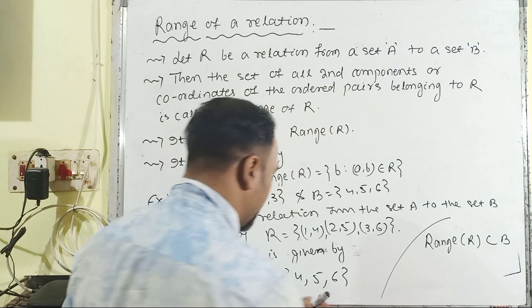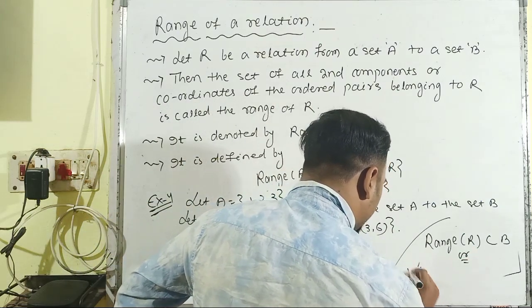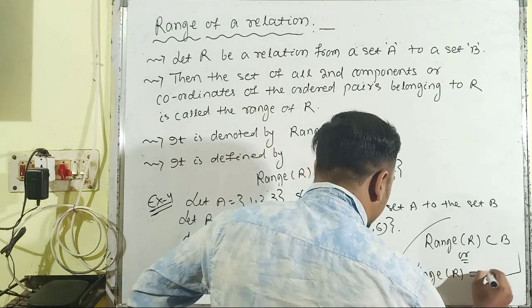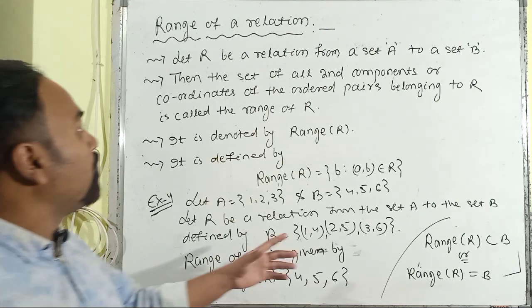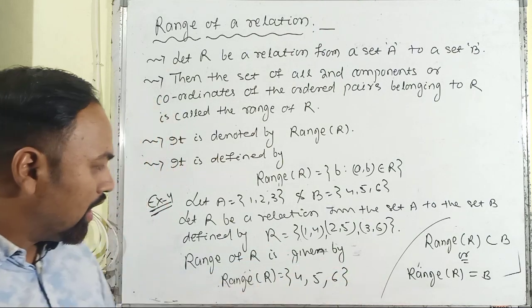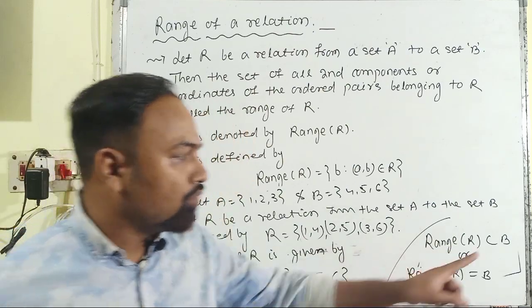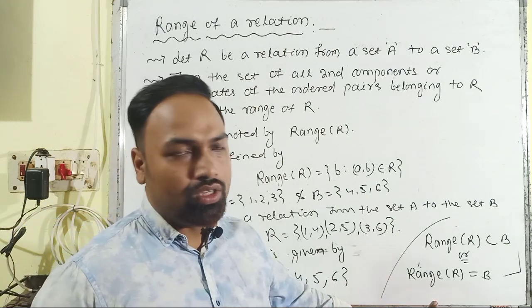That means from example number 4, we have found that the range of the relation R is equal to B. From the fundamentals of the range of a relation, we get to know that the range is either a subset of the second set or equal to the second set.